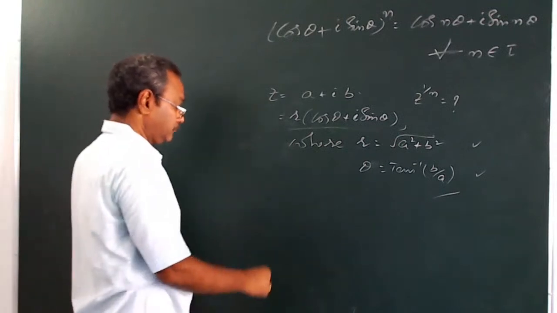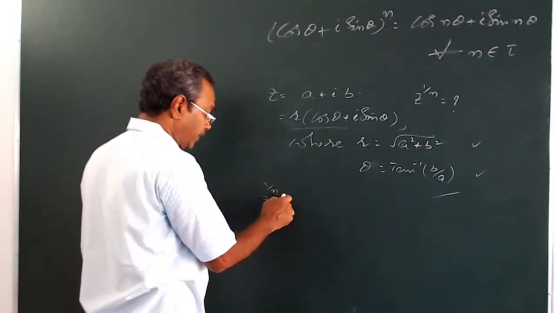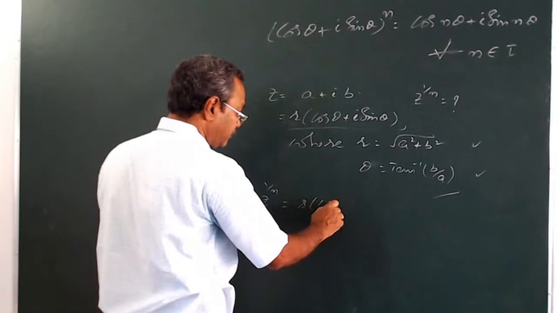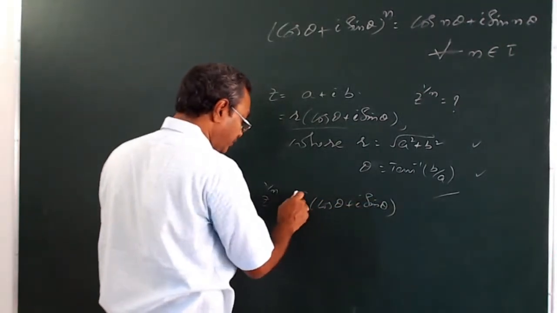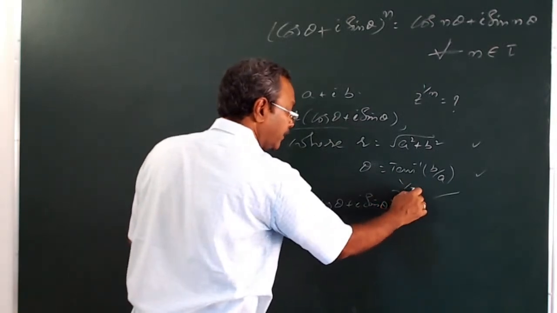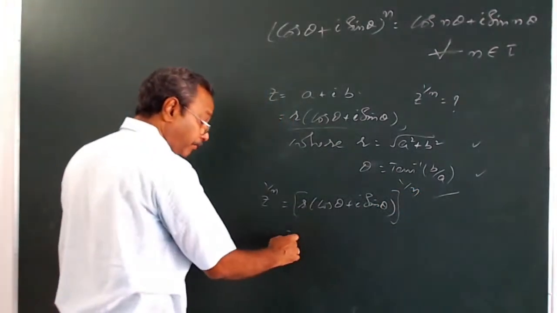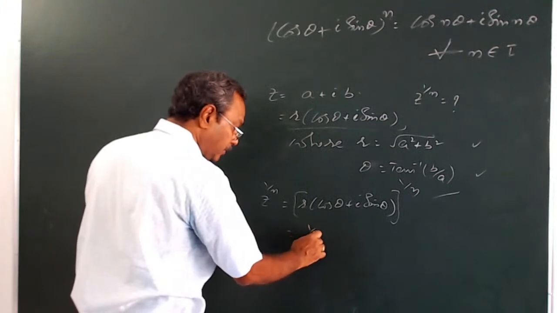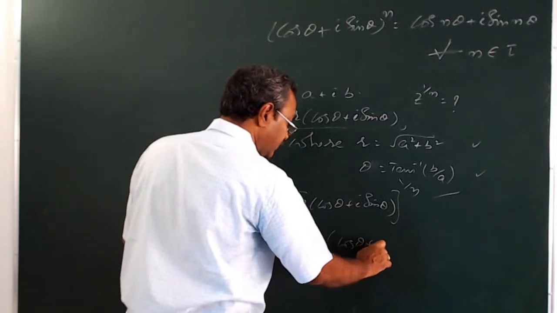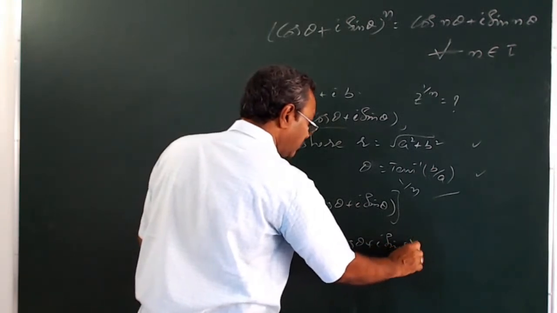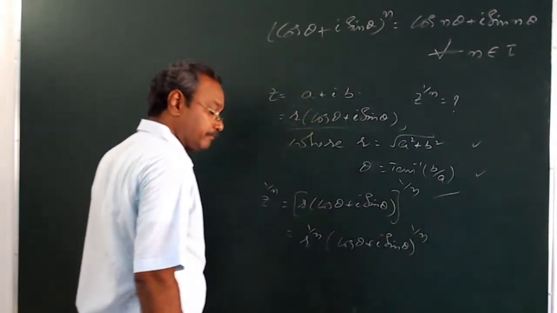Now, this z to the power of 1 by n is r into cos theta plus i sin theta whole to the power of 1 by n. This is r to the power of 1 by n into cos theta plus i sin theta whole to the power of 1 by n.